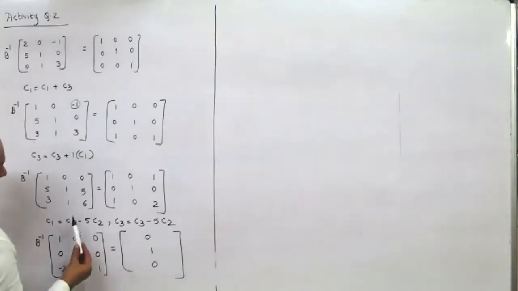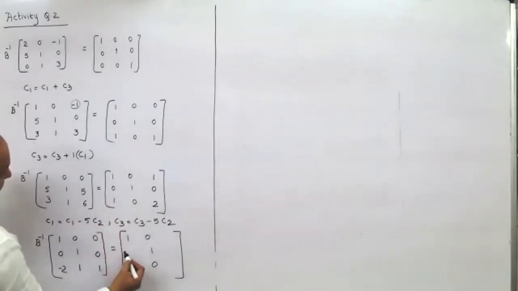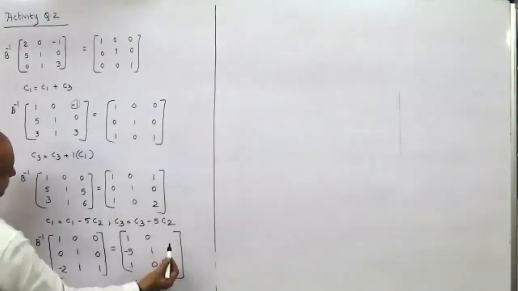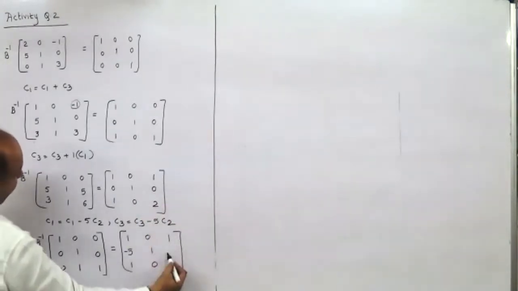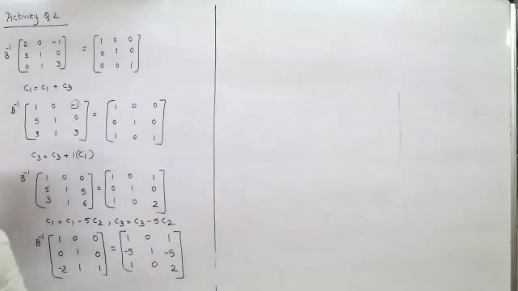Next, 1 minus 5 times 0, 1; 0 minus 5 times 1, minus 5; 1 minus 5 times 0, 1; then 1 minus 5 times 0, 1; 0 minus 5 times 1, minus 5; 2 minus 5 times 0, 2.